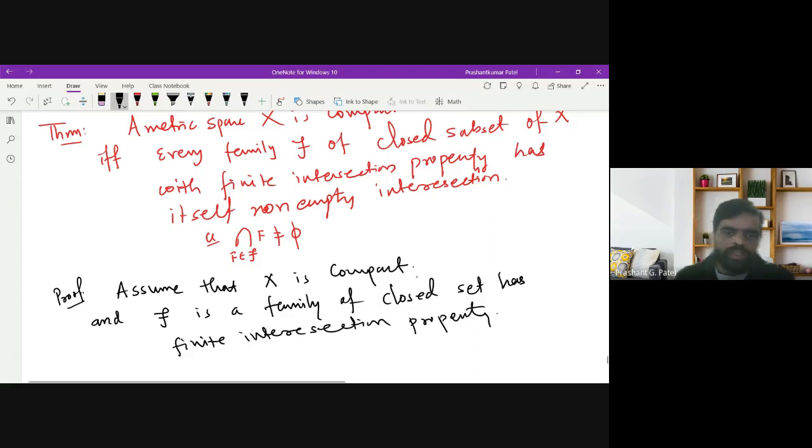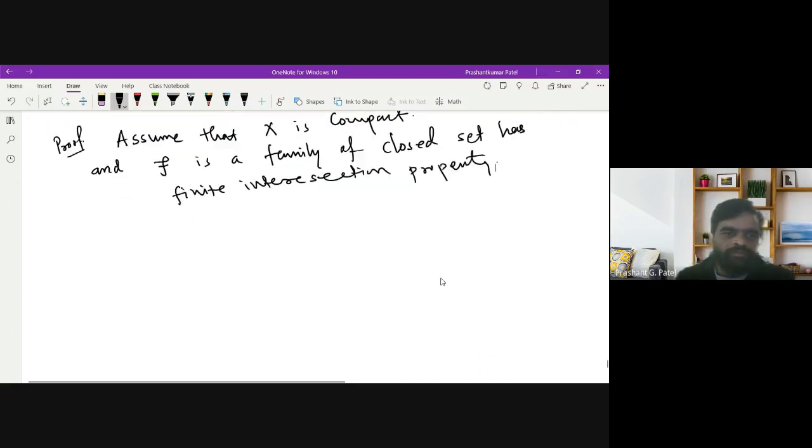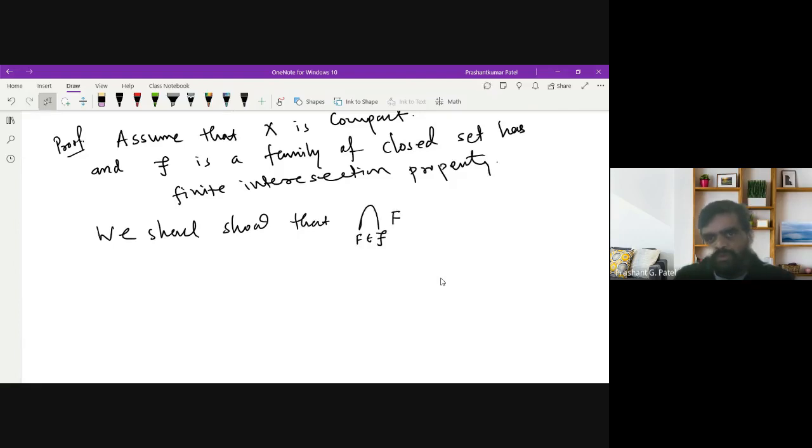What is our objective? We shall show that the intersection of all F, where F belongs to script F, is non-empty. Suppose not; suppose, if possible, that the intersection of script F is empty.